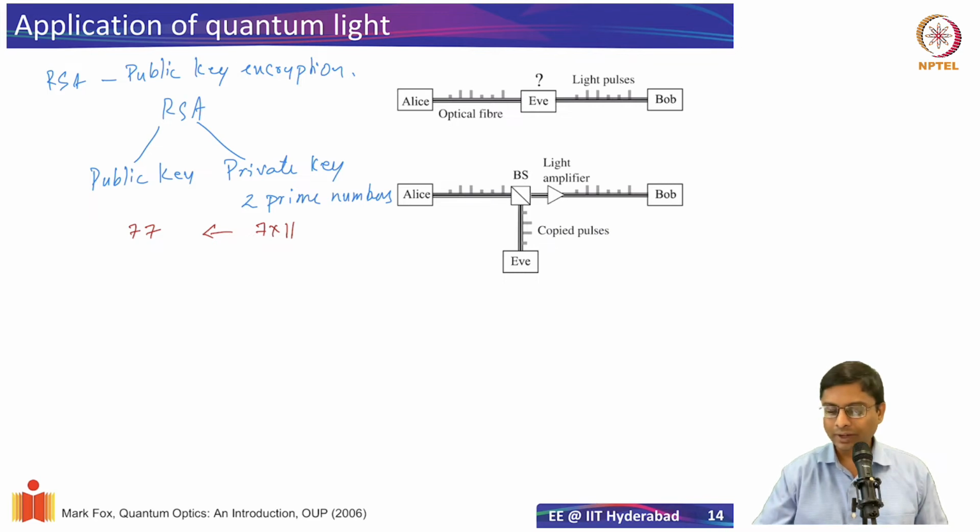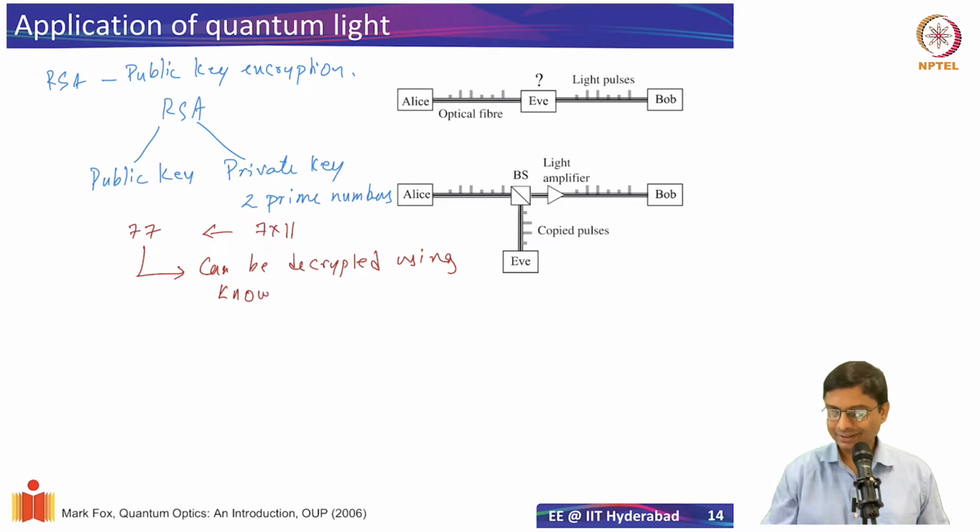So the process of finding out the prime numbers can be done using factorization, basically by knowing the prime factors.